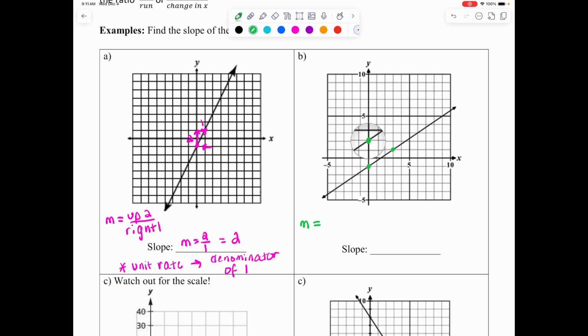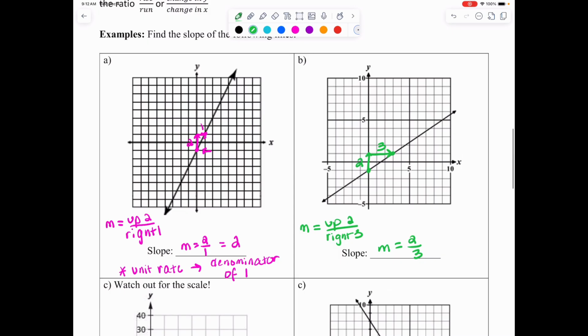And do I have to go up or down to get to the next point? I have to go up. How many blocks? 2. So up 2. And I have to go to the right. How many blocks? 3. So right 3. So up 2 would be a positive 2. Right 3 would be a positive 3, so my slope is 2/3.